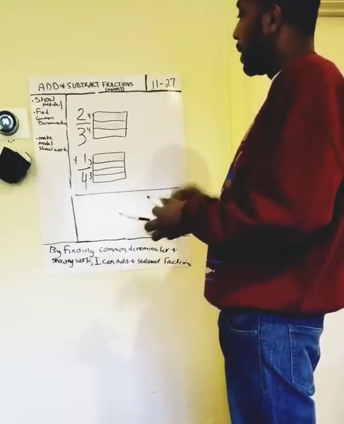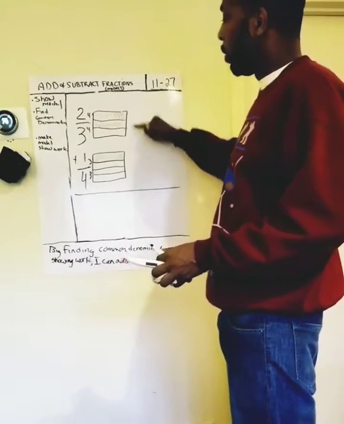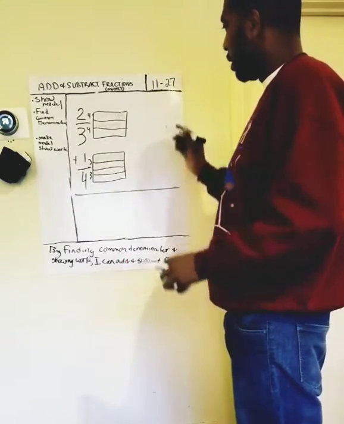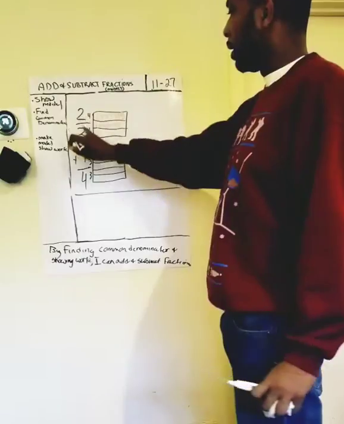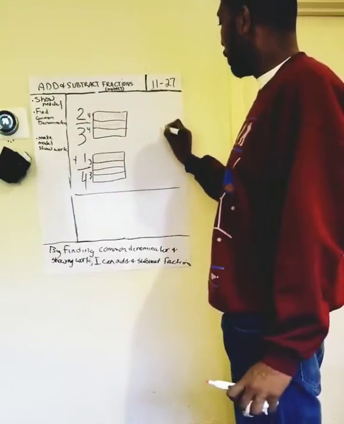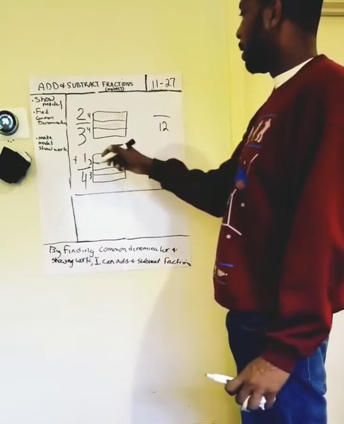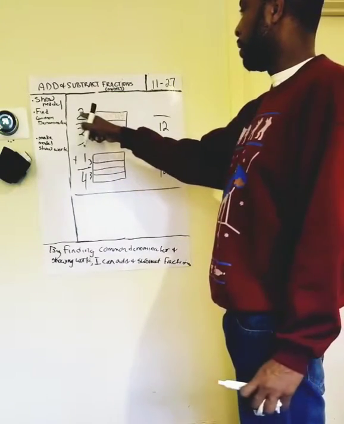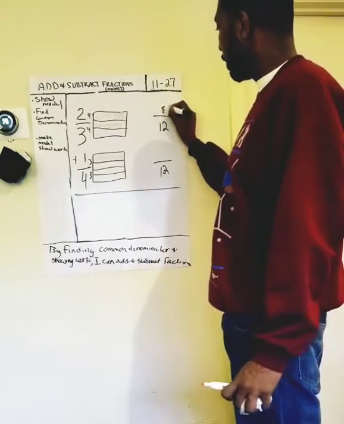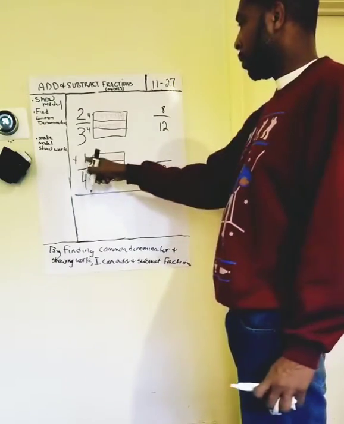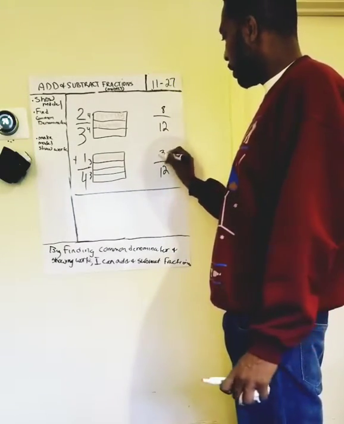Okay, now we have to show it in the model. So 3 times 4 is going to be 12. 12 is our common denominator. Okay, 2 times 4 is 8. 3 times 1 is 3.